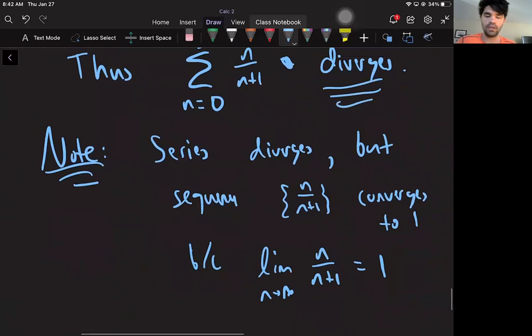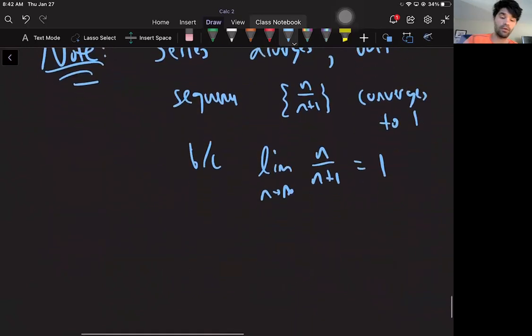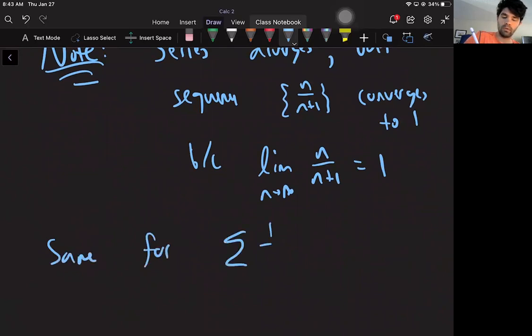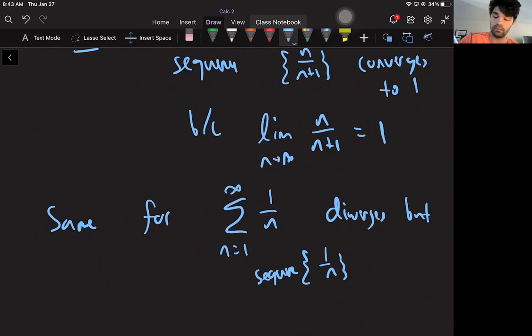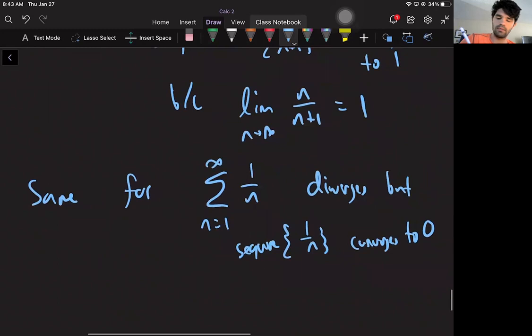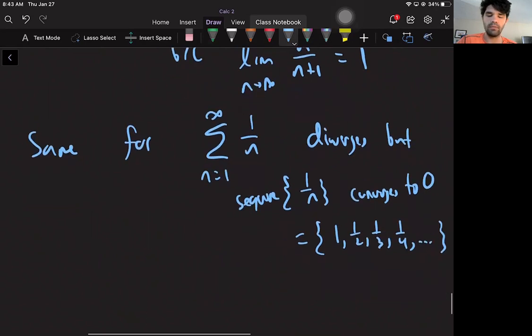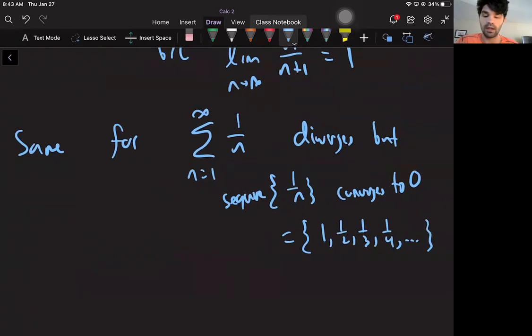Okay, so again, different from the series, which diverges. Okay, same thing for the harmonic series that we did first. So this diverges, but the sequence certainly converges. That converges to 0, because the list as a list, not as a sum. If you're asking where's the list heading, it's heading towards 0. But when you try to add them up, it does not head towards anything.